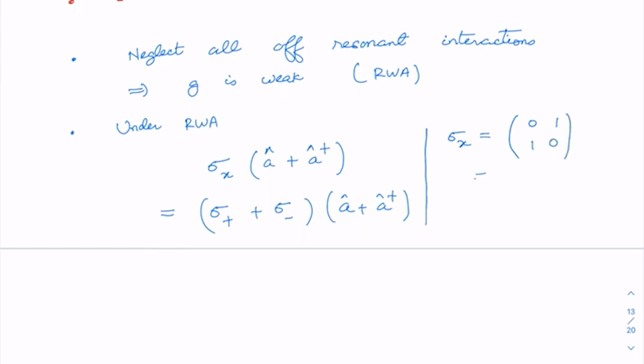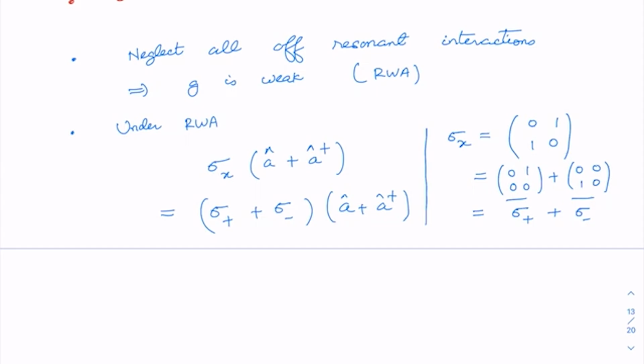This we can write as 0 1 0 0 plus 0 0 1 0. Now if you recall from your earlier class, this part is nothing but the atomic raising operator sigma plus, and this one is the atomic lowering operator sigma minus.